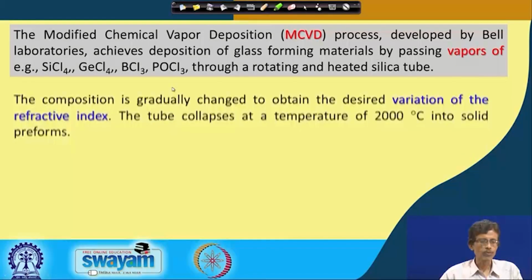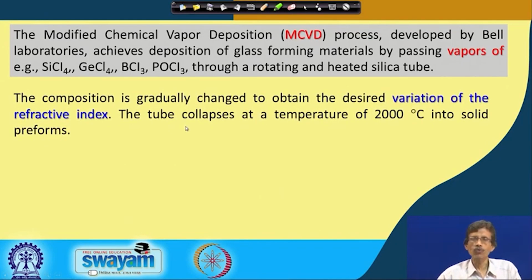That gives you something such that you can modify the glass material, even the glass fiber material. When we have the core, the cladding glass and then finally the cover, the composition of this material can be changed such that we can have a variation of the refractive index.